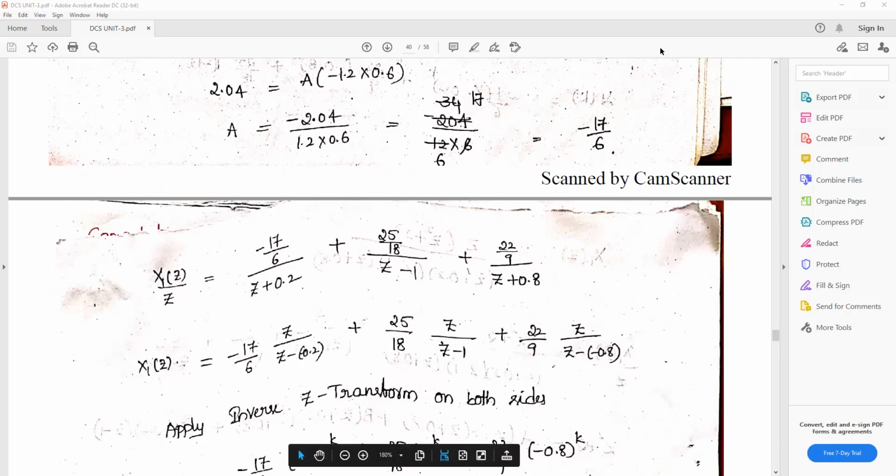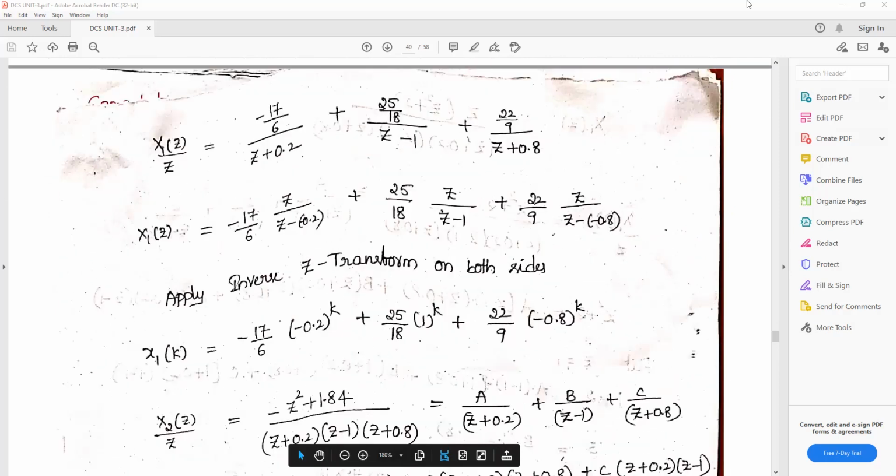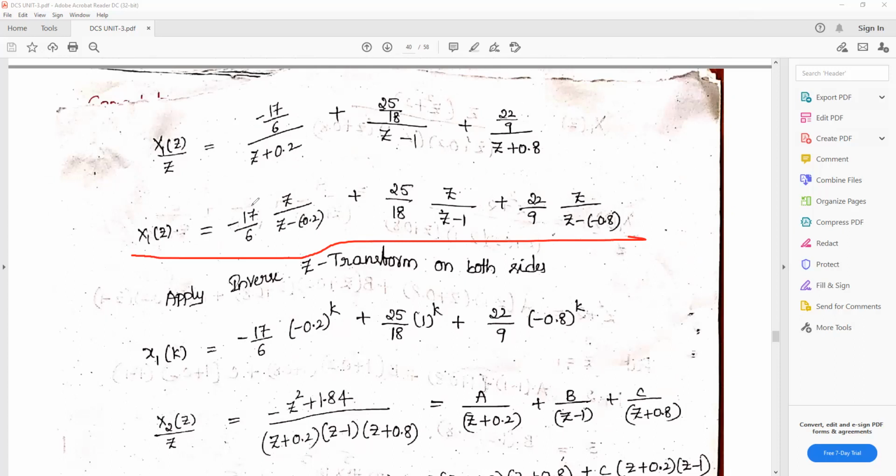So in the inverse z transform, x1 of z is equal to the A value, B value and the C value. Okay? So apply z inverse of x1 of z is equal to x1 of k.